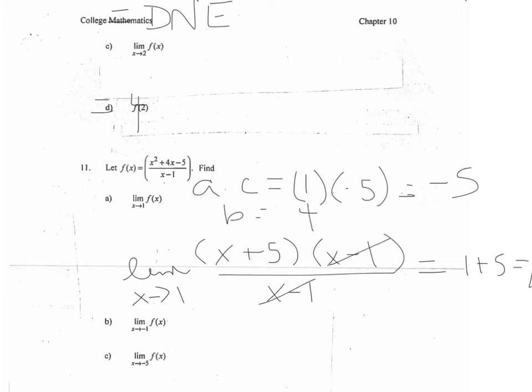Now, let's see if you can figure out what would be the limit as x approaches -1. Would we have any problem subbing in directly here? I don't think so. Let's see what happens. So if we were going to sub in directly, inside this parentheses, I'd have -1, square it, plus 4 times -1 minus 5 on top, over -1 minus 1 on bottom.